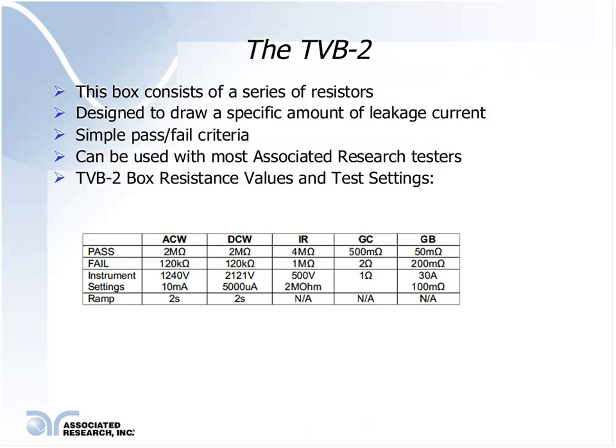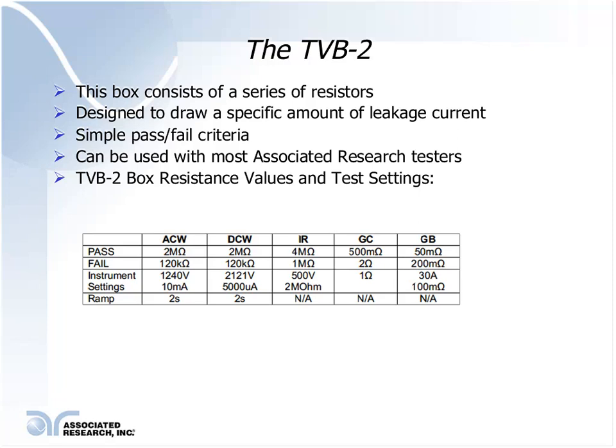It could be a different configuration of resistors and relays, but here we're going to use the TVB2 as an example for this particular webinar. Also, this test box can be used with most of Associated Research safety testers.